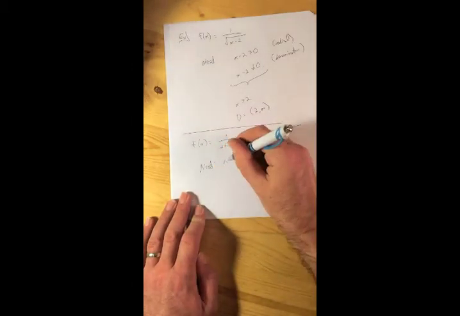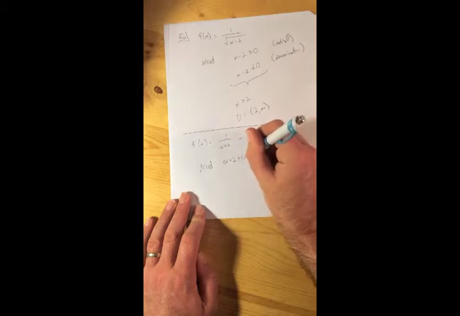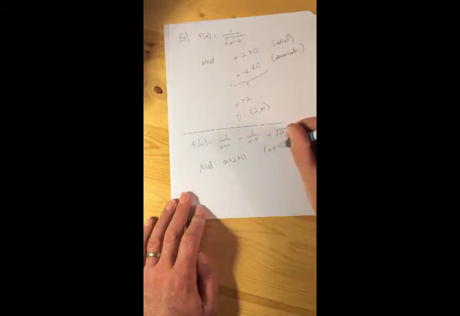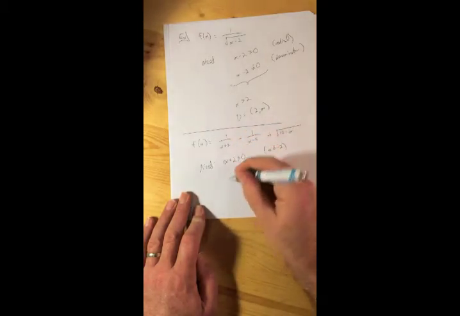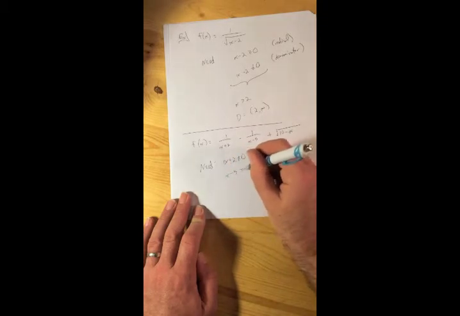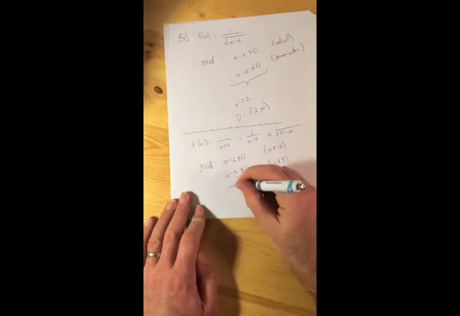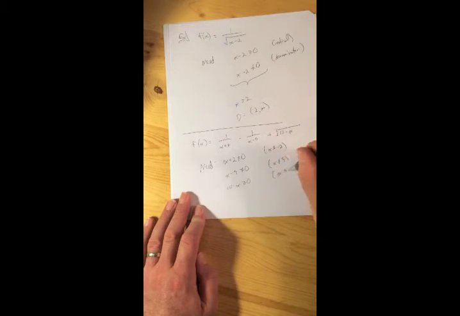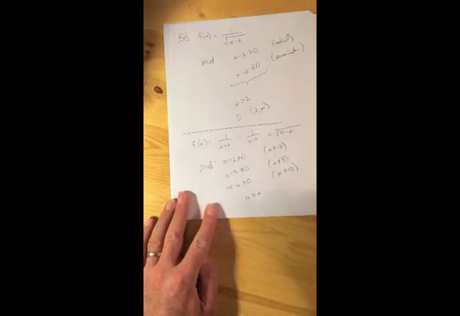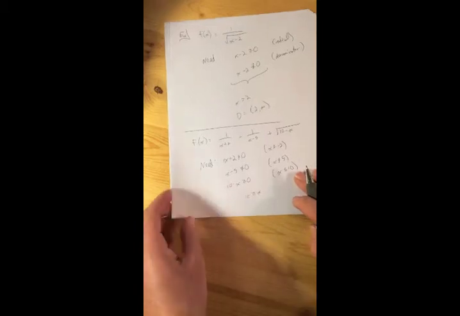Alright, we need x plus 2 to not be 0, so that means x can't be negative 2. We need x minus 5 to not be 0, so that says x can't be 5. And we need 10 minus x to be greater than or equal to 0. That's going to tell me that x is less than or equal to 10, right? Because I'll have 10 greater than or equal to x, and then you can just reverse the whole thing.